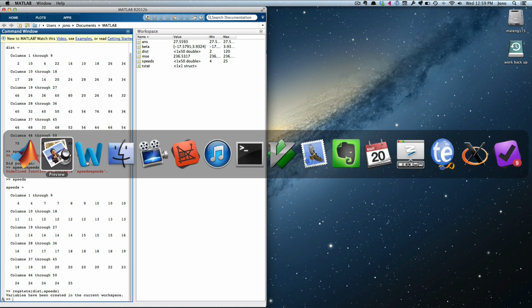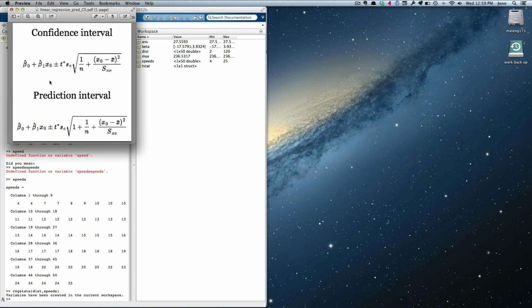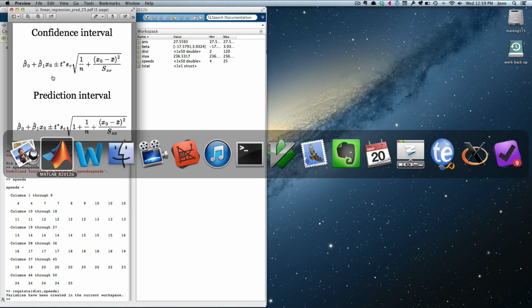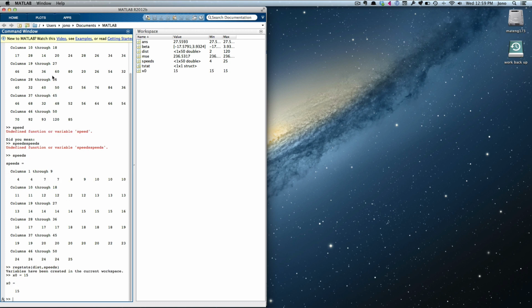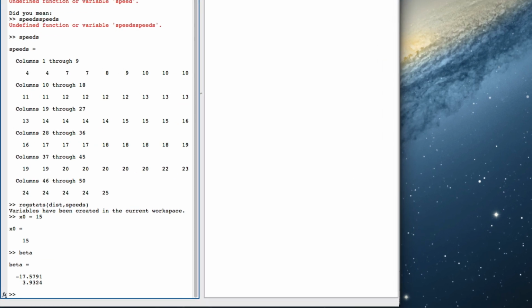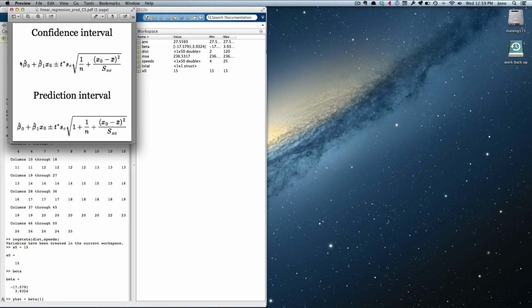So first of all, what I'll do is work out this bit, which is the y hat, which I'll need for both. So I'm going to need the first coefficient, second coefficient, and x0 is 15. So first of all, x0 equals 15. Let's look at the betas. I've got our values there. So I'm going to call it y hat. And that's going to be the first beta value, which corresponds to my beta 0.